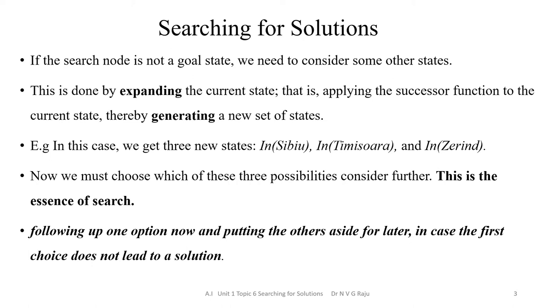Now, we must choose one of three possibilities to consider. This is known as search: following up one option now and putting others aside for later. In case the first choice doesn't lead to a solution, then we must consider some other options.